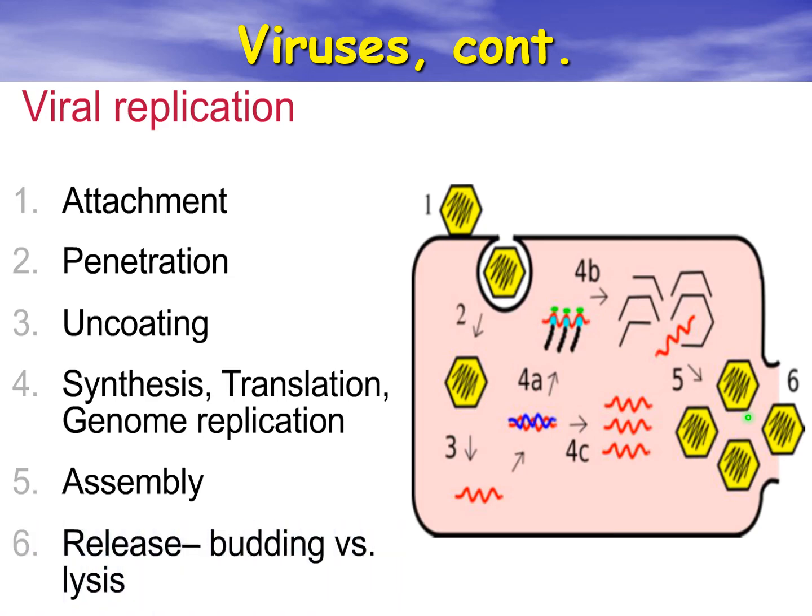The virions will then be released from their host cell either by lysing the host cell, so this cell will just fill up with viral particles and rupture, or in some cases these viruses may actually bud. They will simply undergo a process in which they push along with the cell membrane and take part of the cell membrane with them.